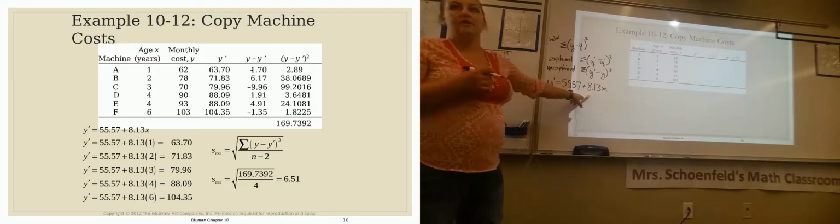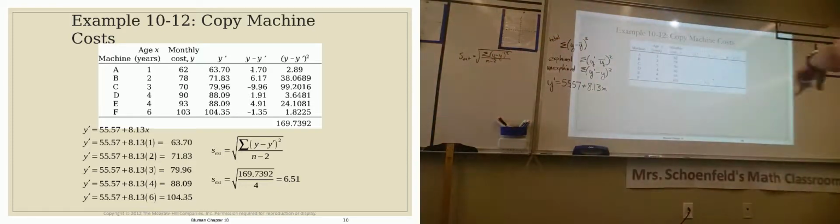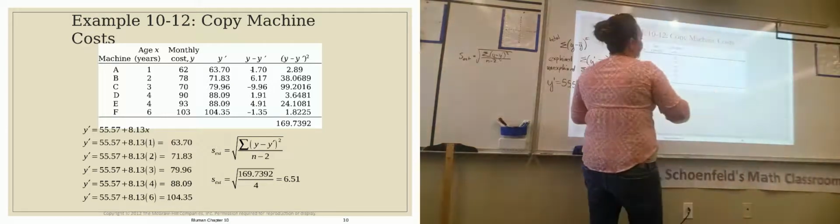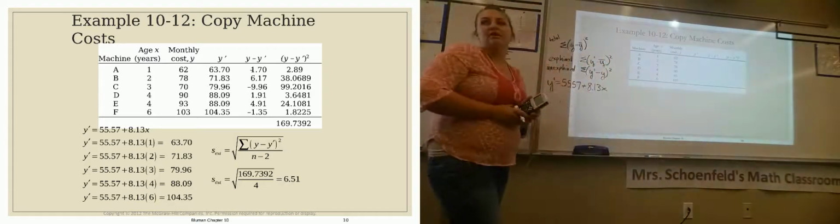Okay, and then we'll get our y prime for each of those numbers. So we'll plug in 1, 2, 3, 4, 5, 6 into that equation just to come up with those numbers. Okay, so you'll have to do this. You'll be basically making this chart for all these things. I don't know of a way to make your calculator do it.